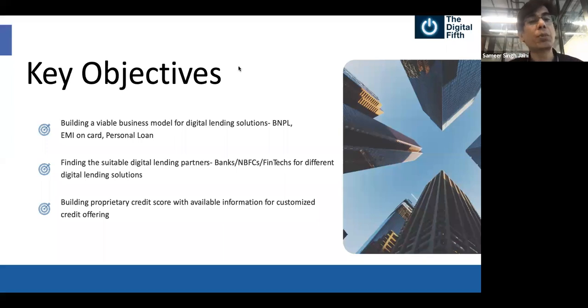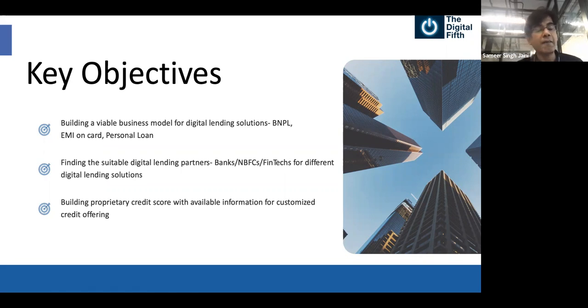So your assumption should be there's a platform which already has customers transacting on it, and has some history of transactions on the platform. Now, what they would like to do is, if they want to leverage that data, they should be able to convert this into a credit offer, a credit score, right?